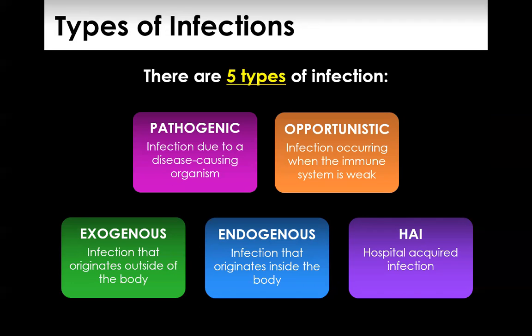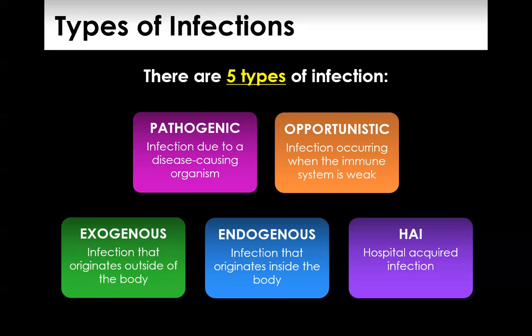For example, your HIV patient, your chemotherapy patient, or your patient taking immunosuppressant medications because they are an organ recipient. Examples of opportunistic infections can be tuberculosis, Kaposi's sarcoma, and pneumonia.